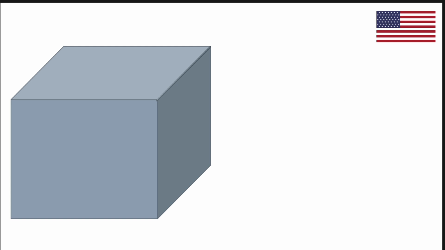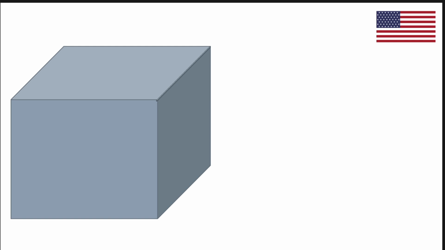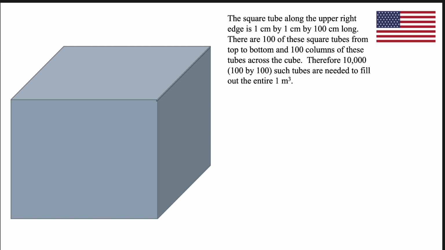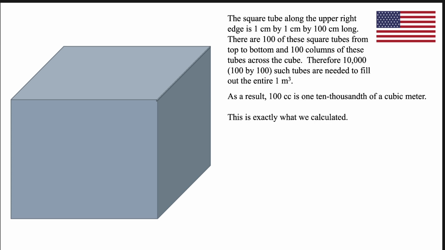There's the 100 cc's. There's the cubic meter. I'm going to need 10,000 of these tubes. 100 down, 100 across. 100 times 100 is 10,000. So 100 cc's is 1/10,000th of a cubic meter in the figure, which is what we calculated.